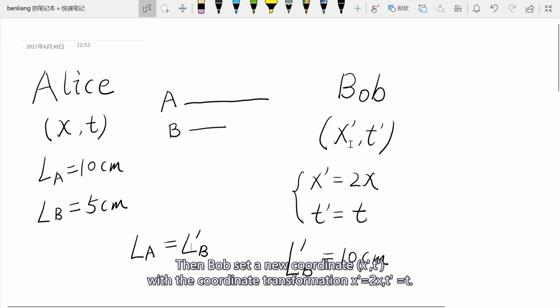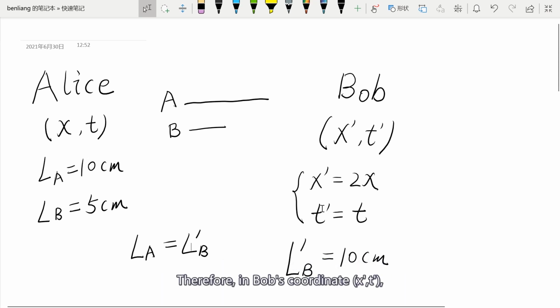Then Bob sets a new coordinate x prime t prime with the coordinate transformation x prime equals 2x, t prime equals t. Therefore, in Bob's coordinates x prime, t prime, the length of rod B takes a different value, 10 centimeters. So the length of rod B measured in coordinate x prime, t prime equals the length of rod A measured in coordinate xt.